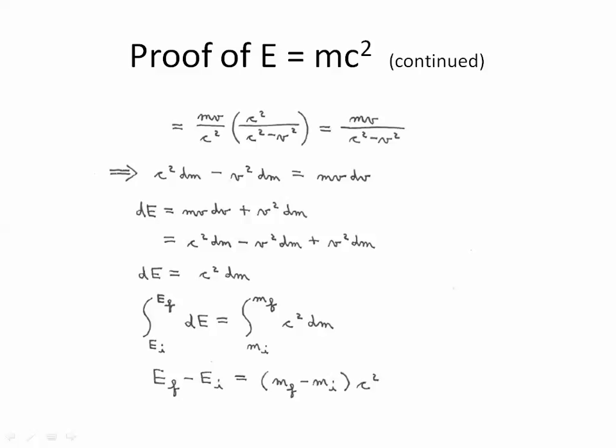We can integrate this expression from any starting energy to any finishing energy corresponding to any starting mass to any finishing mass. If the lower limits for the definite integral are 0 on both sides of the equation, then we have E equals mc squared.